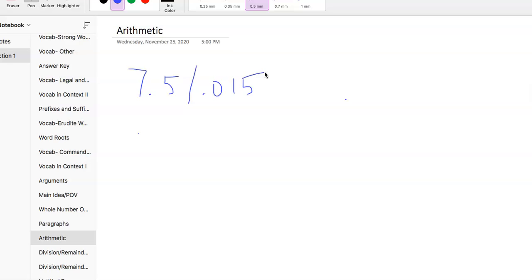So in order to do something like this, really what we do is we need to get rid of these decimal points, right? Because they're making it impossible. And so if I go 1, 2, 3 spots to the right, and then I also am going to do the same thing here, 1, 2, 3 spots to the right with this, then I can get rid of all the decimal places.